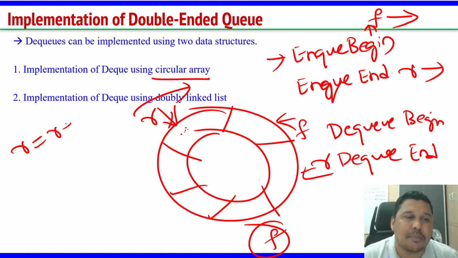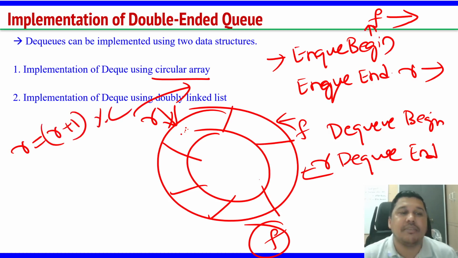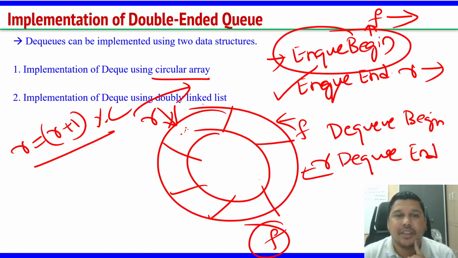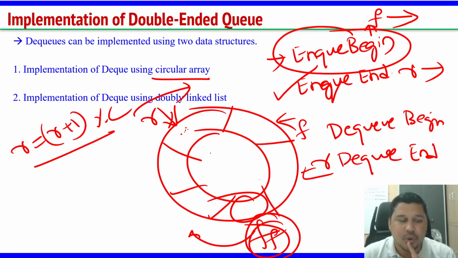R equal to R plus 1 modulo capacity. So this will move the rear end forward, which means you are inserting at the end. That is normally there. How do I insert at the beginning? In insert at the beginning, my F, the front end, is here. I have to move it and insert the element here in the cycle. So just that logic you have to write.